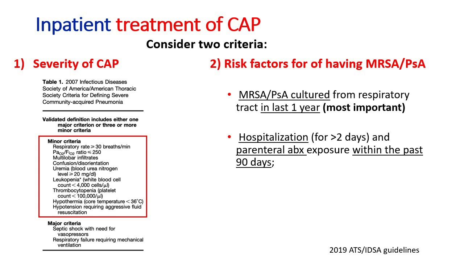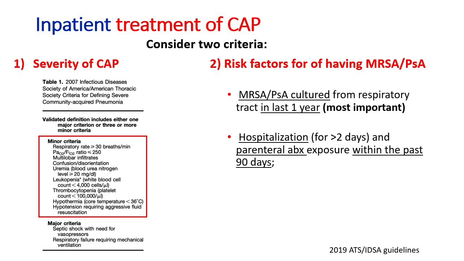And then the second thing to consider is what is their risk and history of MRSA and Pseudomonas. So have they had MRSA or Pseudomonas cultured from the respiratory tract in the last year? That's the most important risk factor, just like the most important predictor of future suicidality is past suicidality, as is MRSA and Pseudomonal pneumonia.